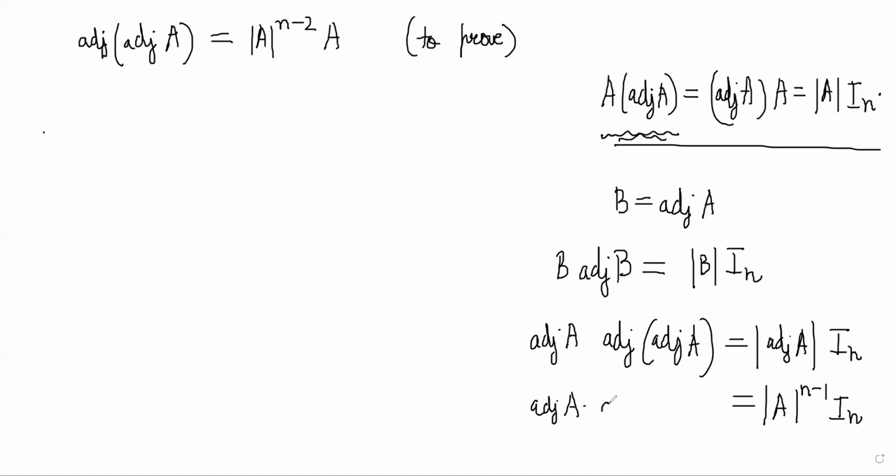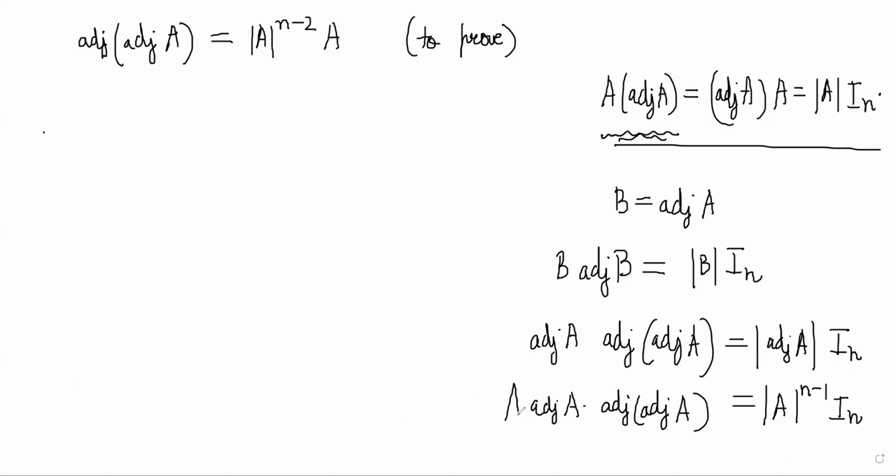So n minus 2 into A. And we also know that adjoint of A into A is det A into identity.